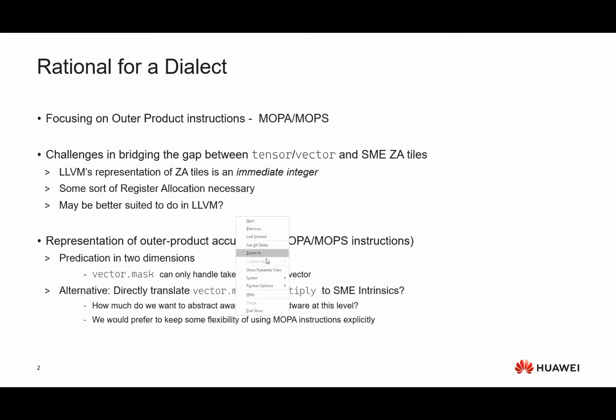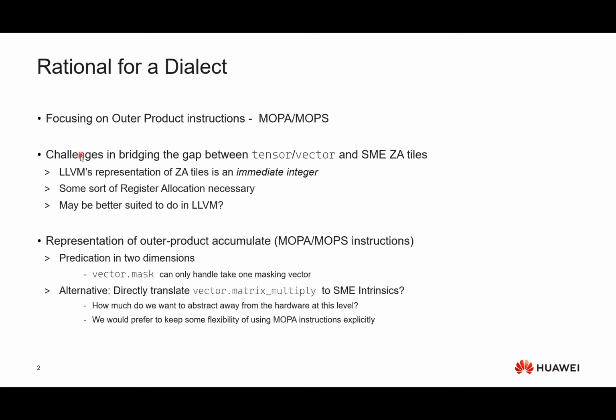We want to keep the ability to predicate some of the input vectors. This presentation is more of a discussion topic, raising some questions rather than presenting the dialect as it is, because that's still very much a work in progress.